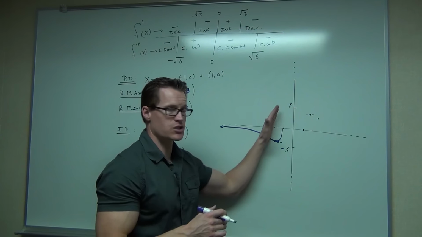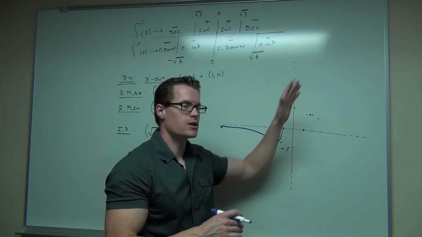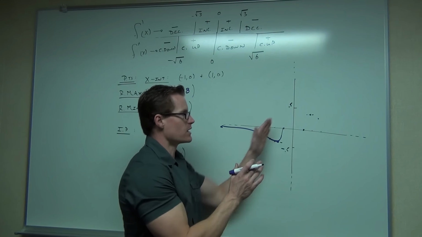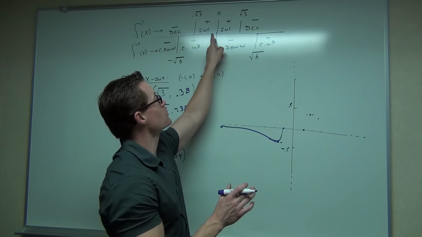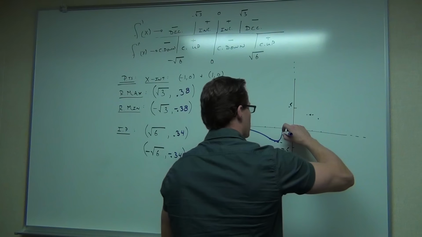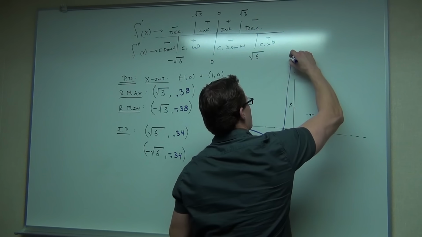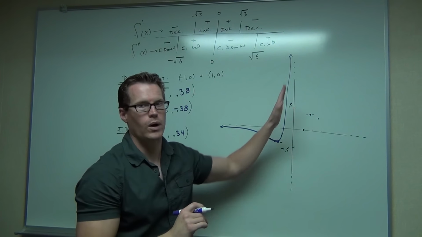All that's going to happen is if you're still increasing, as you get closer and closer, you're going to shoot up to positive infinity. So that's what the vertical asymptote said. It says you are increasing. You can't be decreasing. You're increasing all the way up until x equals 0. And you're concave up the whole way.